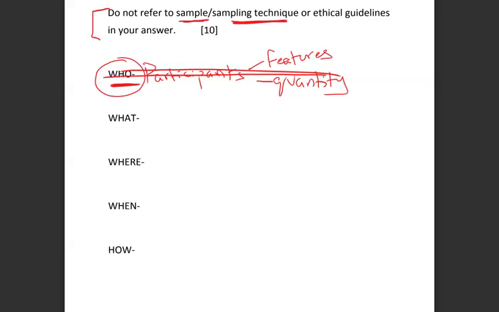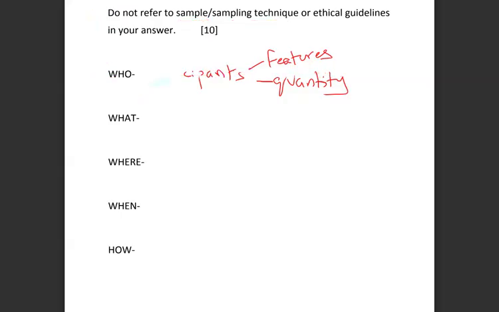You can refer to the participants as children, but you're not going to elaborate on the details or the features of the participants. So there is no longer a need to say how many participants there are, their features, how many male, how many female, their age. None of that is a requirement now. All right. It'll only be a requirement if this particular part is not mentioned in the exam. But because they've started mentioning it, I'm guessing, it's not something that is expected or required anymore.